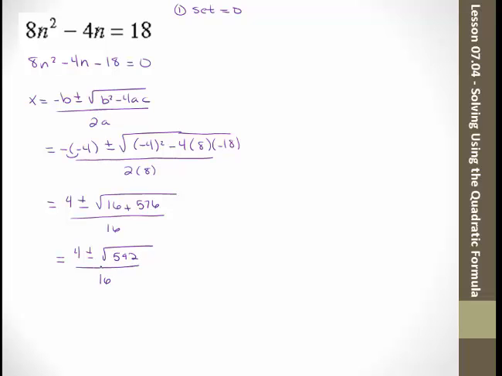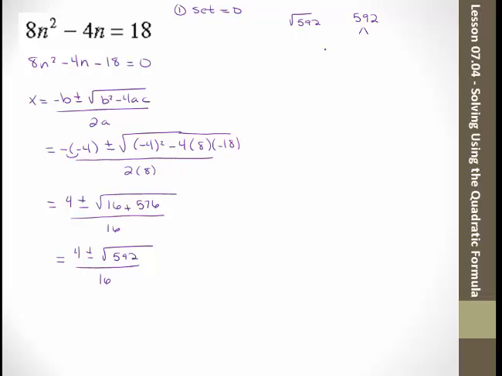Now what I have is a non-perfect square. When this occurs, we need to simplify it. So what I'm going to do is take the square root of 592 and make a factor tree of 592.